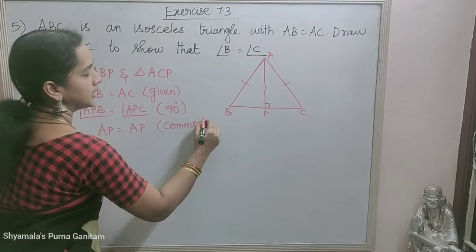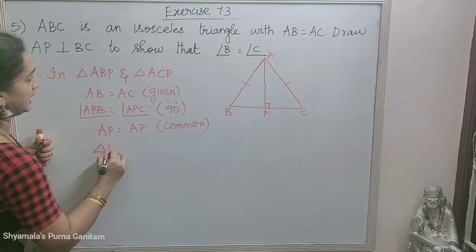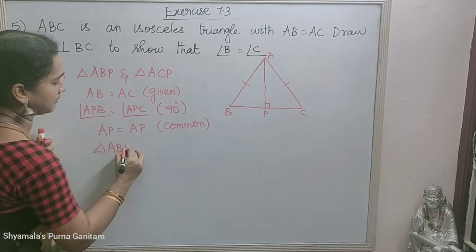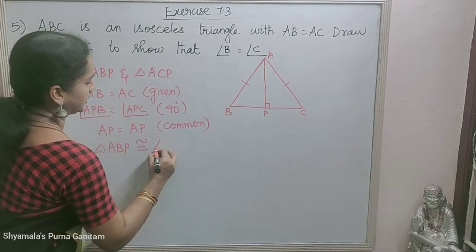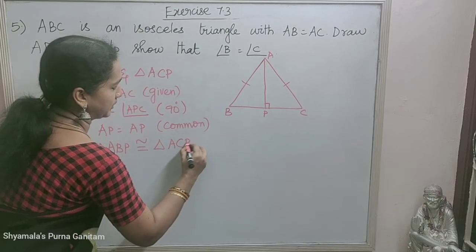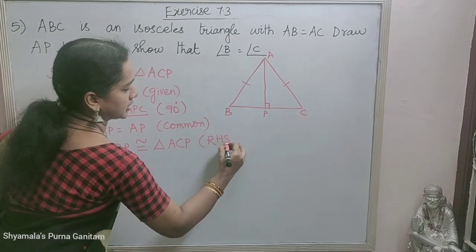This is common. So by RHS congruency, triangle ABP is congruent to triangle ACP.